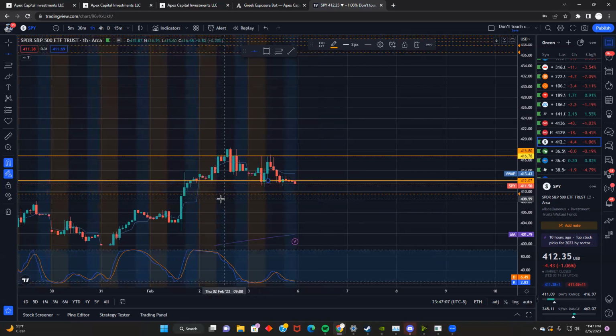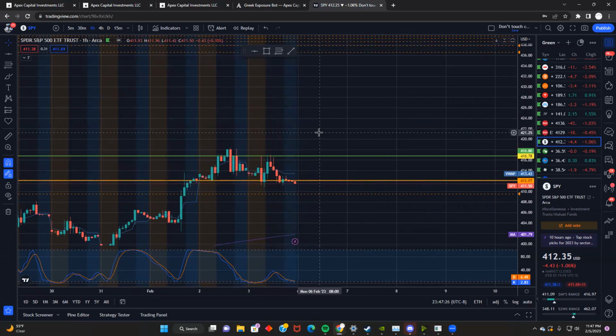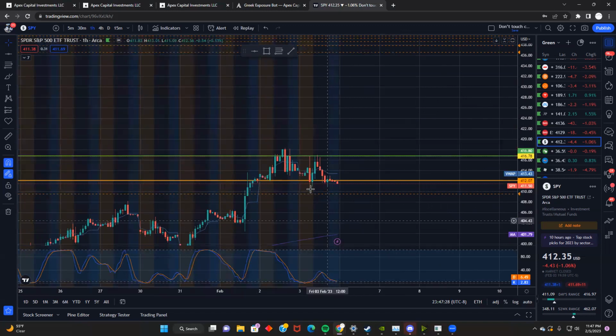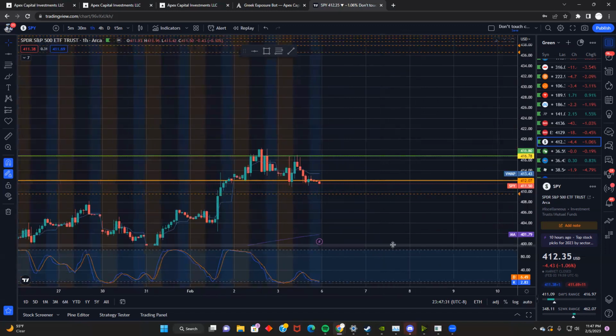You can obviously change these lines to whatever color you want. I could put the upper range as green if I wanted to go long above that, and the lower range as red. But it's to each his own. Furthermore, we've already identified our current range on the SPY, which is 412.07 to 416.78.